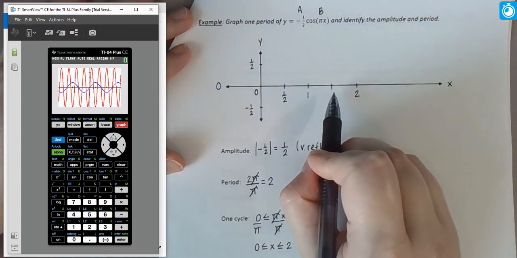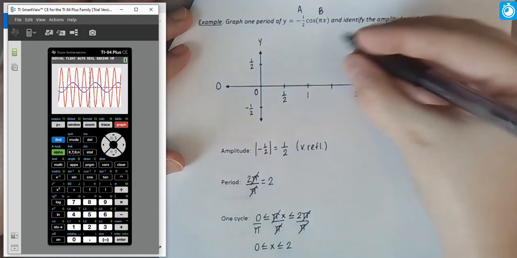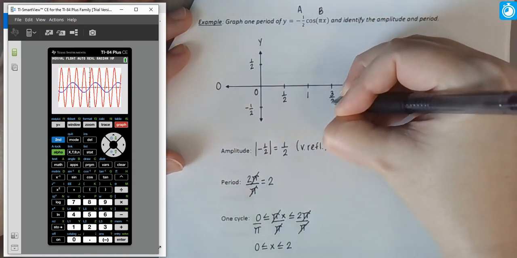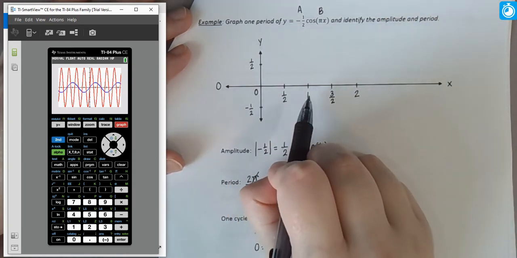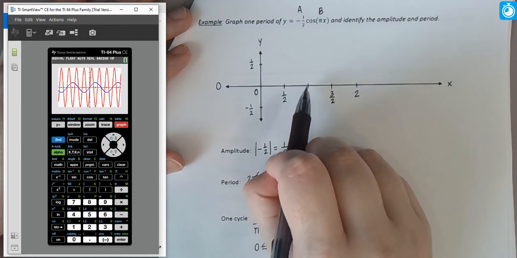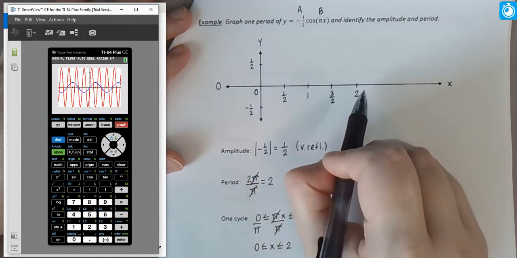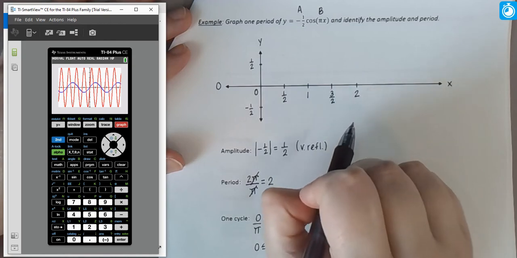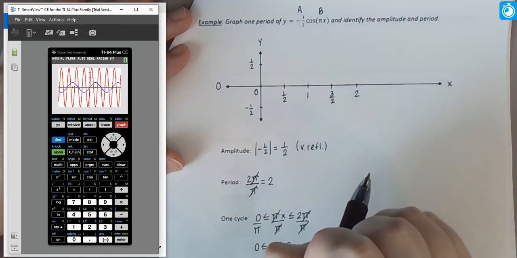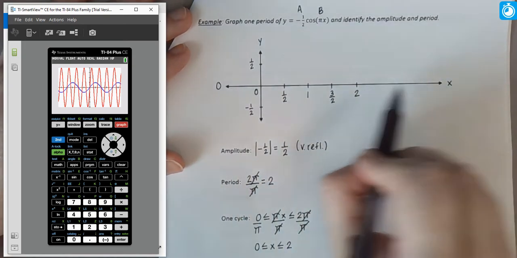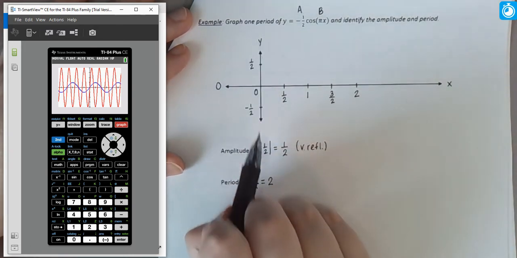Add on another 1/2. We don't call it 1 1/2, we're going to call it 3 halves. So you can think of it as 1/2, 2 halves, which reduces to 1, 3 halves, and then add on an additional 1/2, and we get to 4 halves, which reduces to 2. So there we go. Once the x-axis is labeled, the y-axis is labeled.